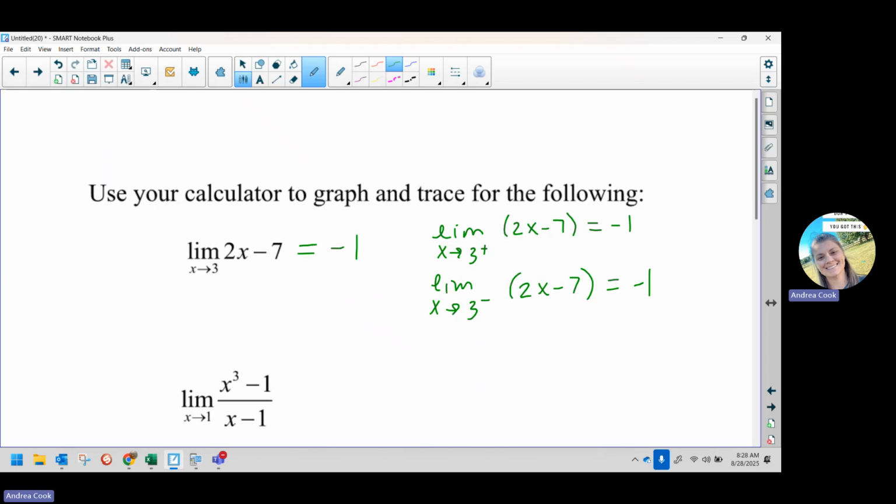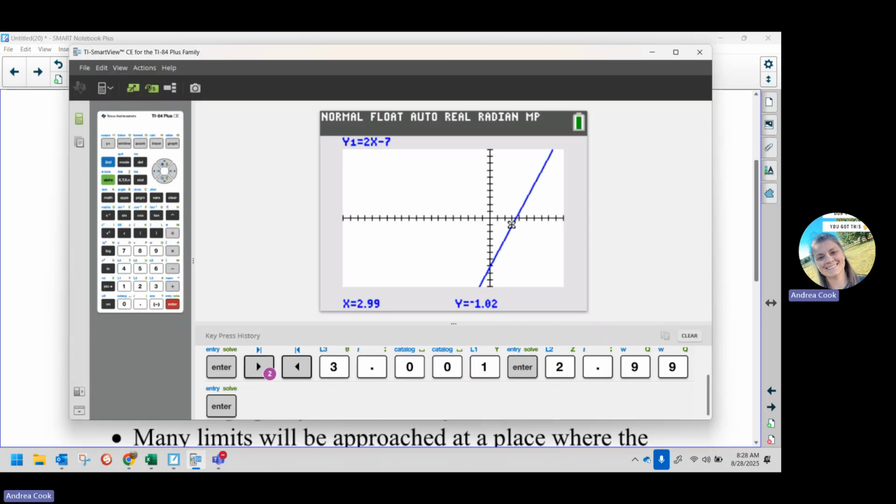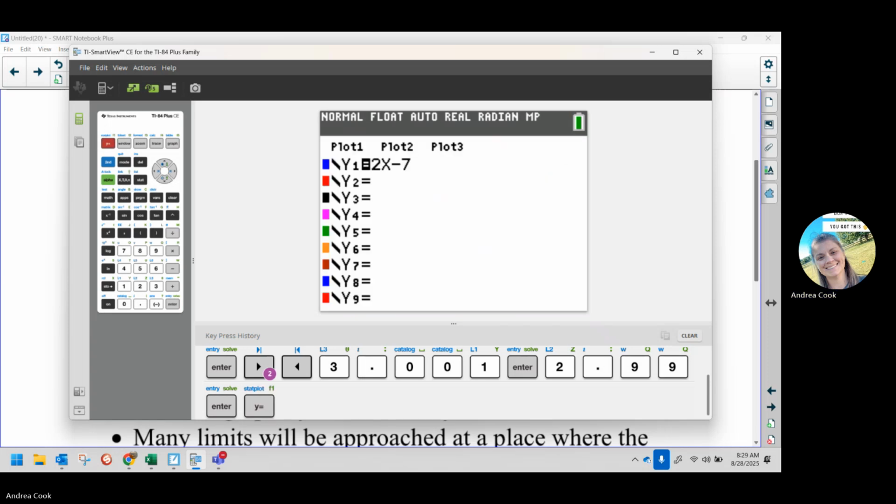All right, so go ahead and type in the next equation, x cubed minus 1 over x minus 1. It seems like most of you have TIs, so I'm going to do it on the TI. So again, don't use alpha, y equals.